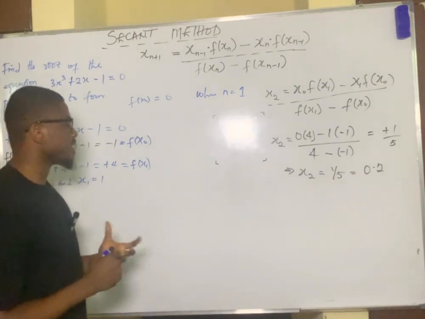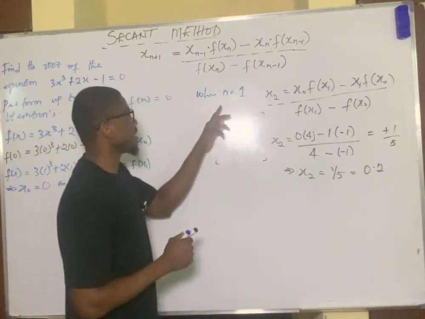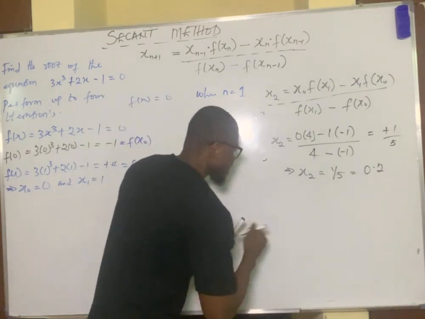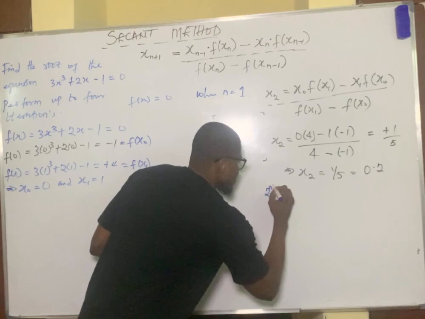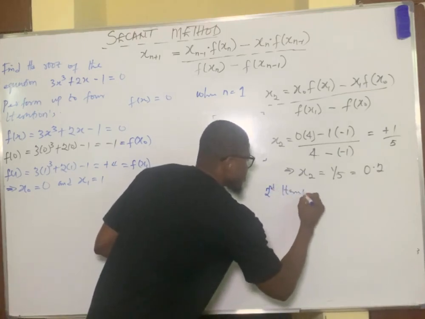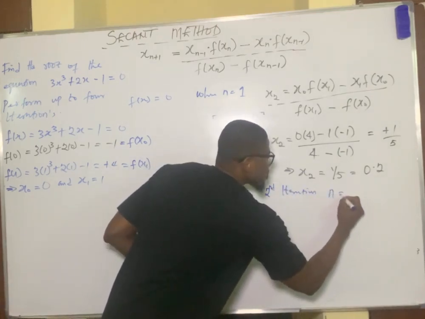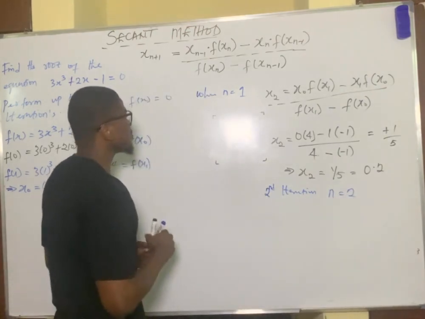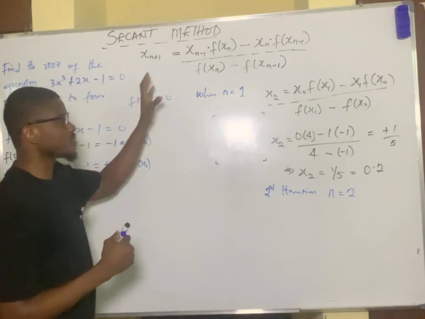Now to perform the next iteration, that becomes when n is equal to 2. So for the second iteration, n is equal to 2. Now you do the same thing, plug this value of n into the formula.